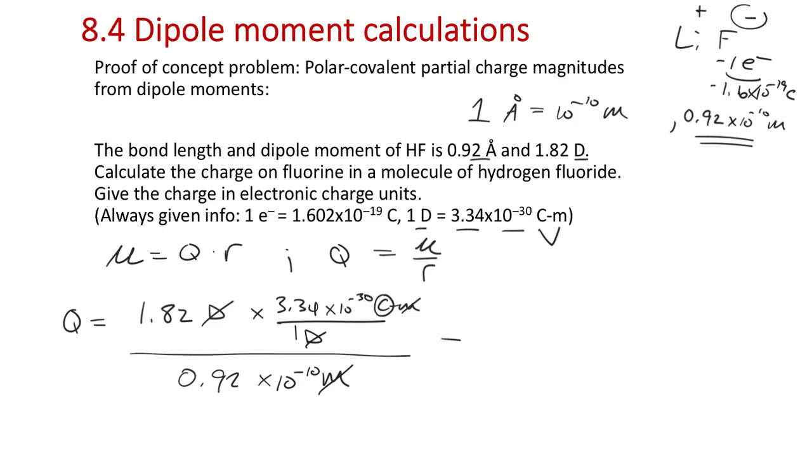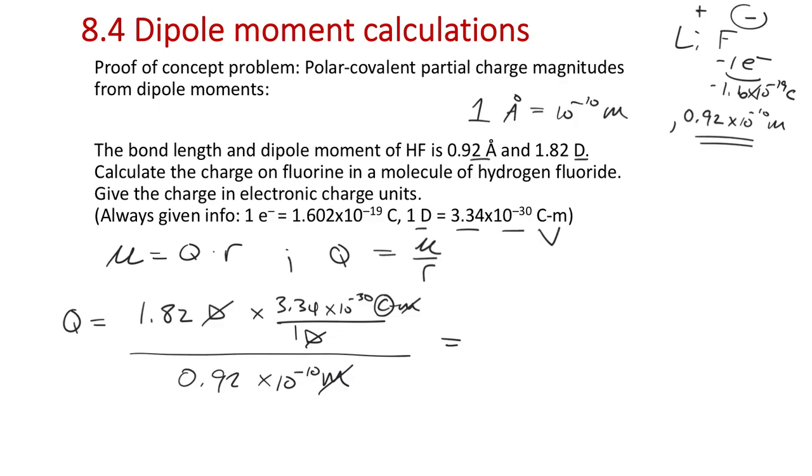Let me work this out in coulombs, and we'll convert it into electron charge units right after. Just 1.82. If I really wanted you to repeat this calculation later, it's important to see a reminder: it's 10 to the minus 30. Like with Planck's constant, 10 to the minus 34, a lot of times we blindly enter this as e to the minus 34, but here it's e to the minus 30.